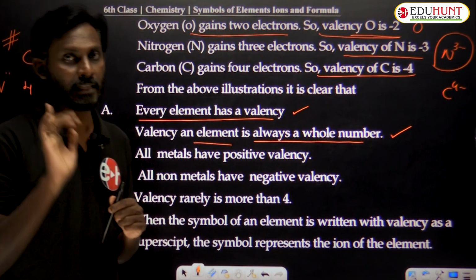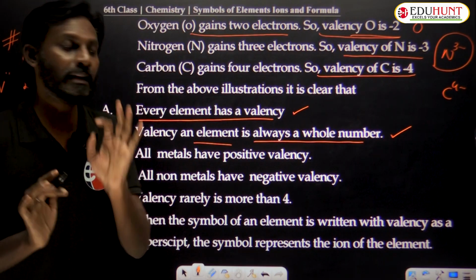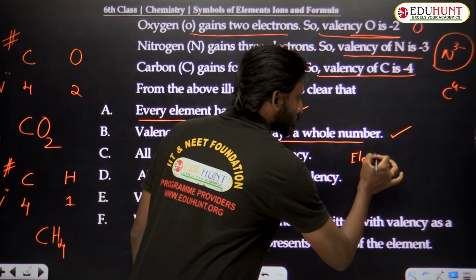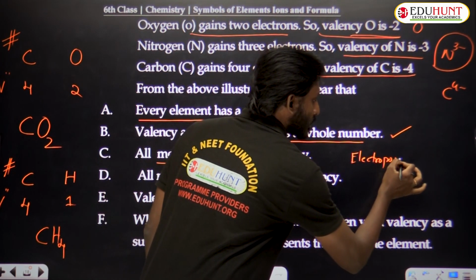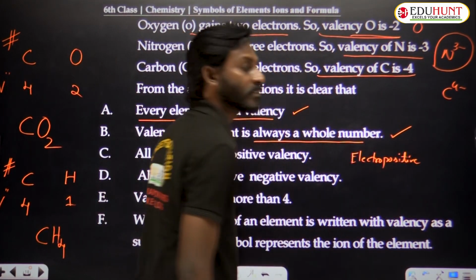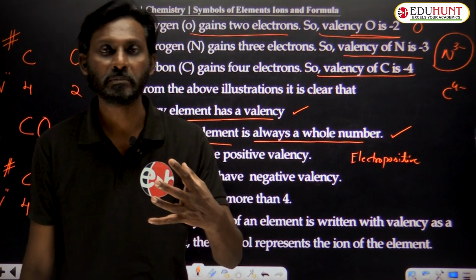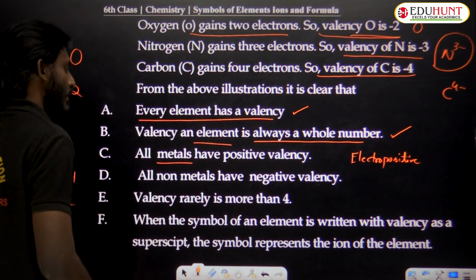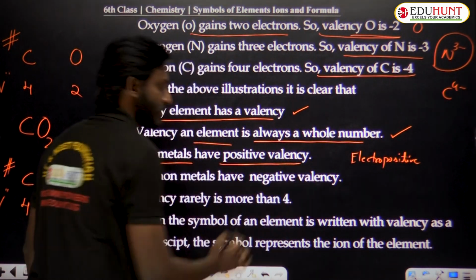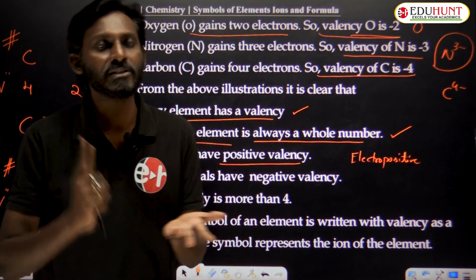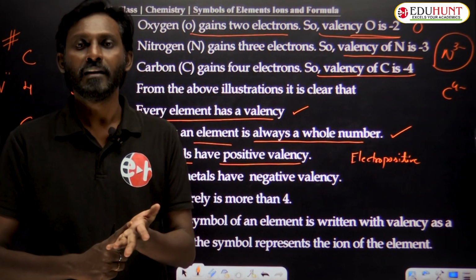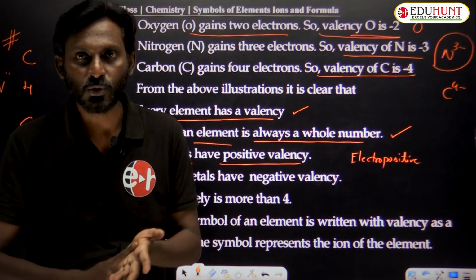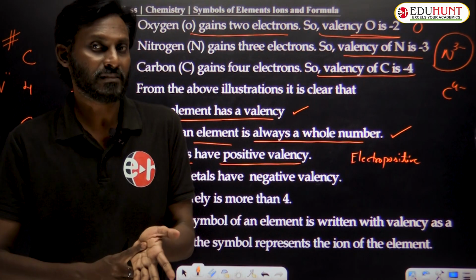And generally, do remember, metals are electropositive. What do I mean by electropositivity? Electropositivity means the tendency to lose electrons. That's why metals generally have a positive valency. Let me give examples: calcium Ca2 plus has valency 2 plus, magnesium Mg2 plus, iron Fe3 plus, Fe2 plus.